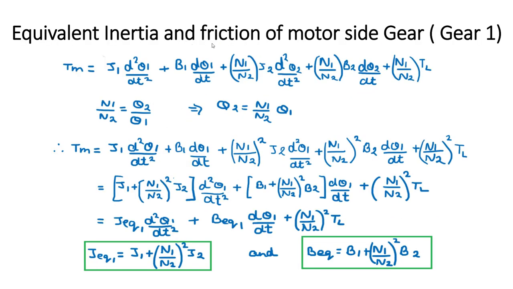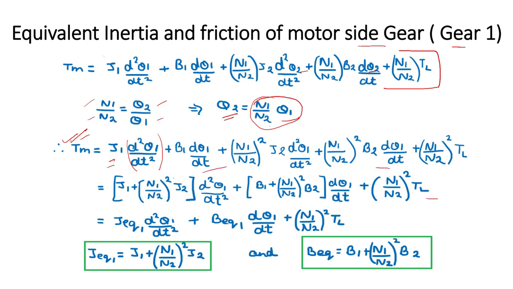So equivalent inertia and friction of motor side gear, meaning gear 1. So this was your equation, and we all know N1 upon N2 is equal to theta 2 upon theta 1. Therefore, we can write theta 2 is equal to N1 upon N2 into theta 1. So we will remove all this theta 2 present here and write this in place of it. So we will get this equation, and then we are going to take common the double differentiation terms and single differentiation terms and other terms.